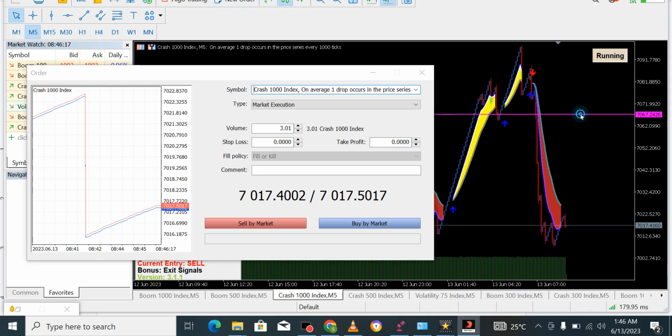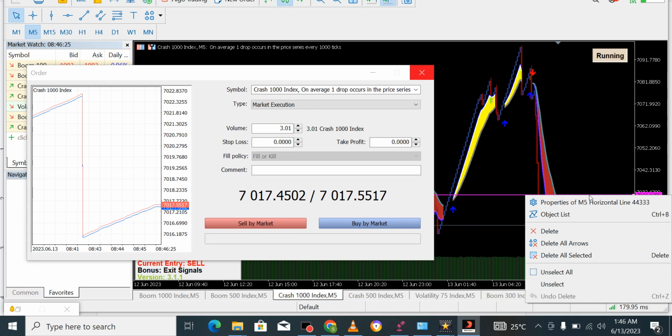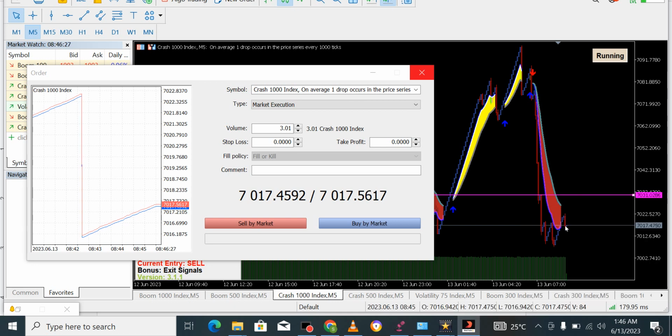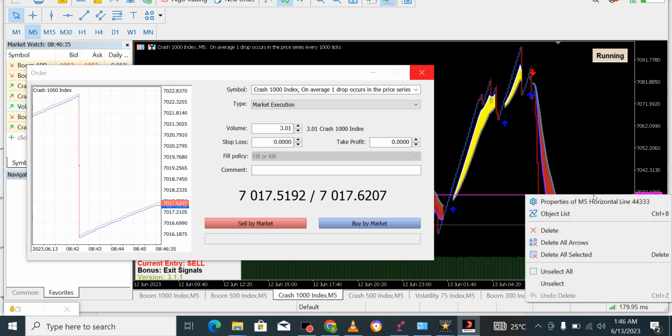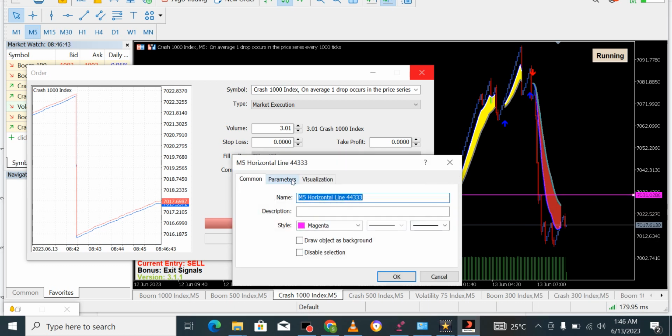Let's get the parameter for crash. If you feel that the spike is most likely to happen around this resistance zone, you can see where the current action price is. So the pending order should be above the current action price in crash, while in boom the pending order should be below the current action price. That is how it should work.